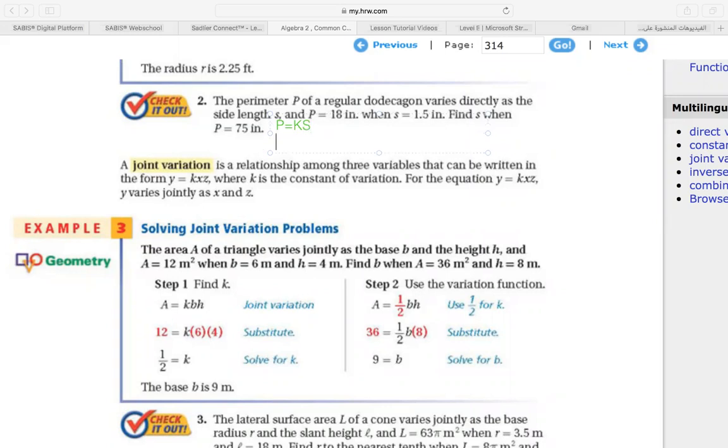Okay, first I want to get the value of K. When S is 1.5, P is 18. So P is 18 equals K, and S here is 1.5.